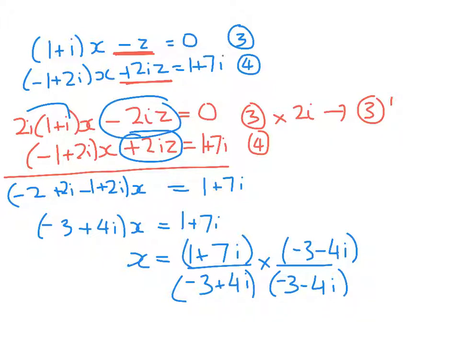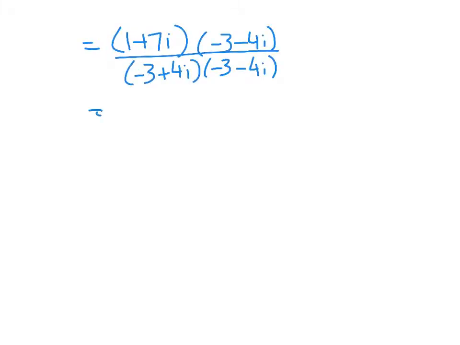Right, onto a new slide. So that gives me a sum of two squares in the bottom. We're going to have 9 plus 16. Right, that pattern should be pretty familiar if you're watching this video. Otherwise, go do some level 3 revision.